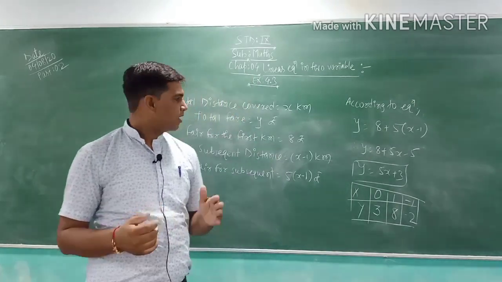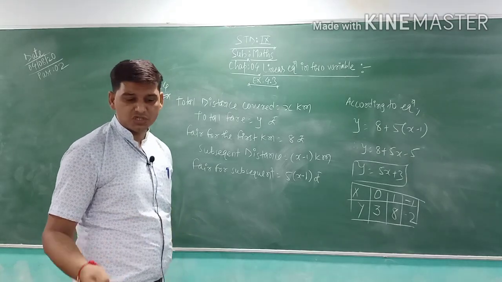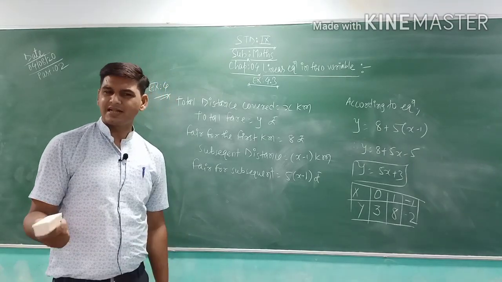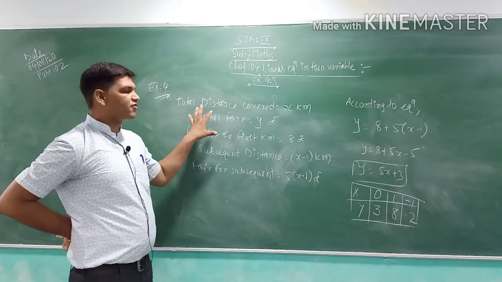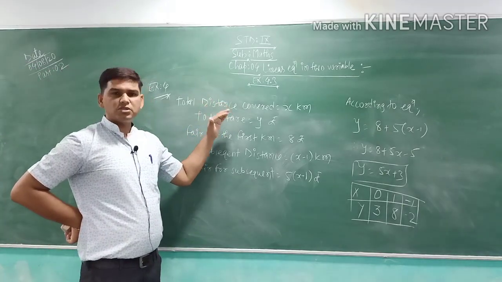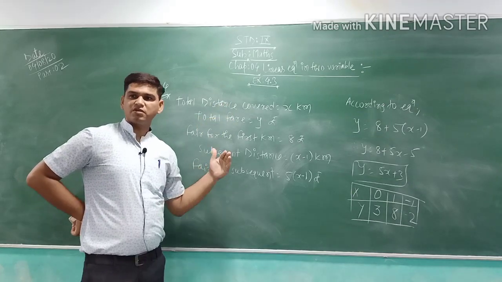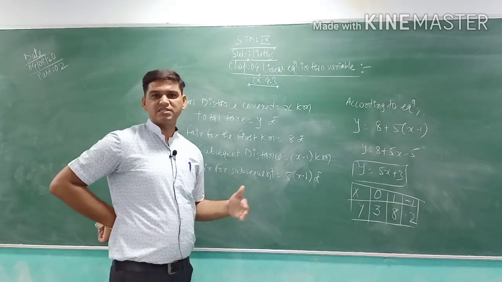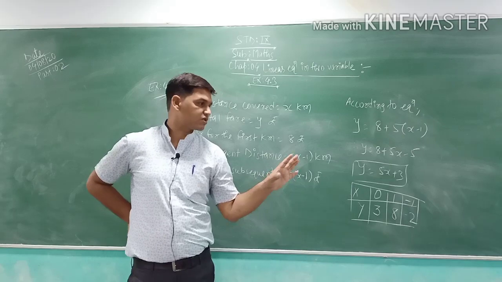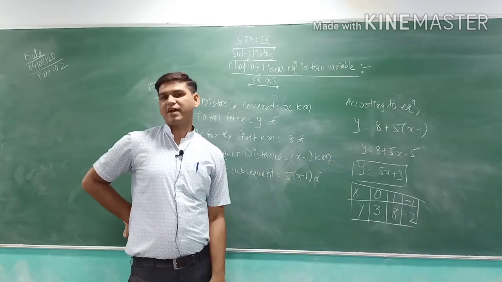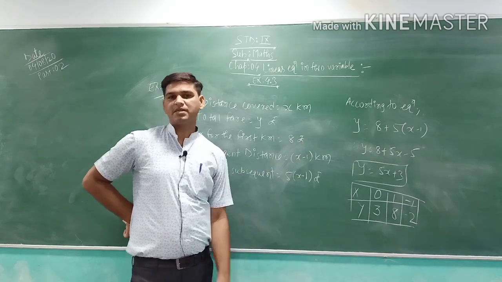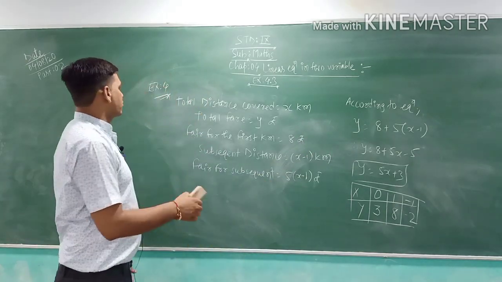Similarly, we move on to the next question, question number 7. It is very easy. According to the questions, we have to implement the total fare, total distance, and subsequent distance. We will find the equation in two variables, and then we find the solution set of x and y, which will be represented in the graph.